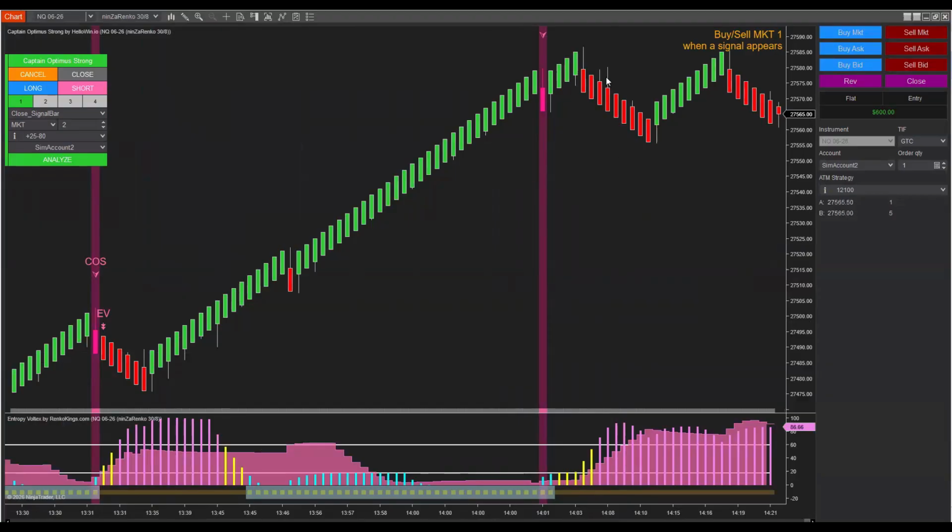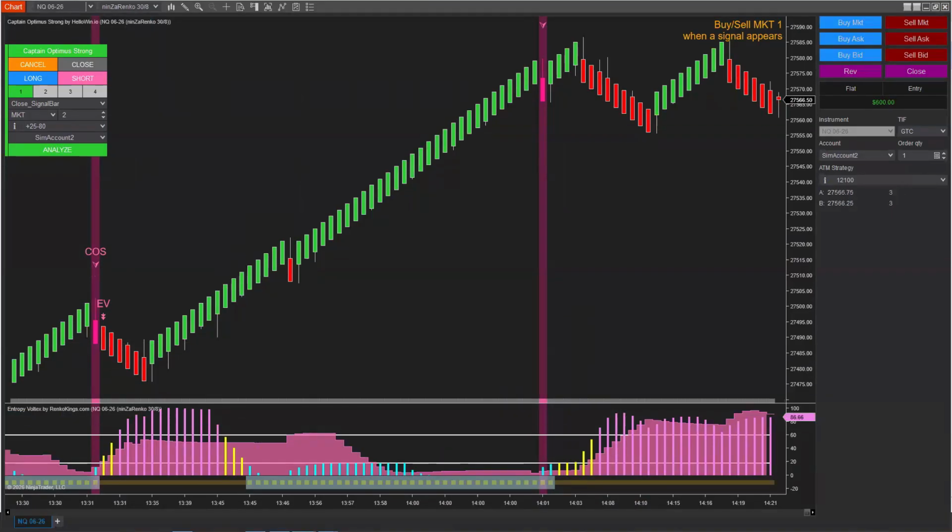I think we can catch a trade on a smaller time frame because things are kind of slow now.